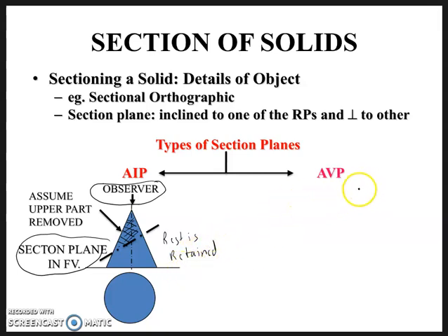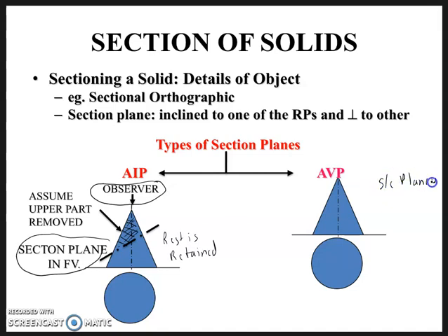Now in case of auxiliary vertical plane, the section plane is perpendicular to HP, horizontal plane, and inclined to VP. So in this case, the section plane is seen in top view. Let's see an example.